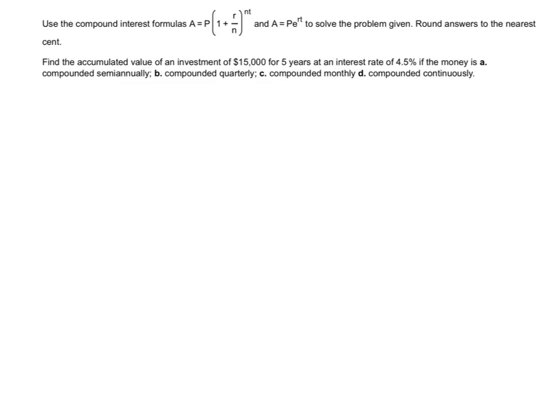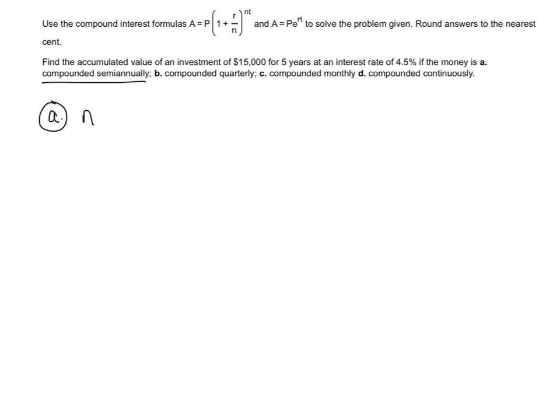We're given 4 scenarios. The first scenario is part A, and that is compounded semi-annually. Now first, compound semi-annually means that we're compounding 2 times a year.